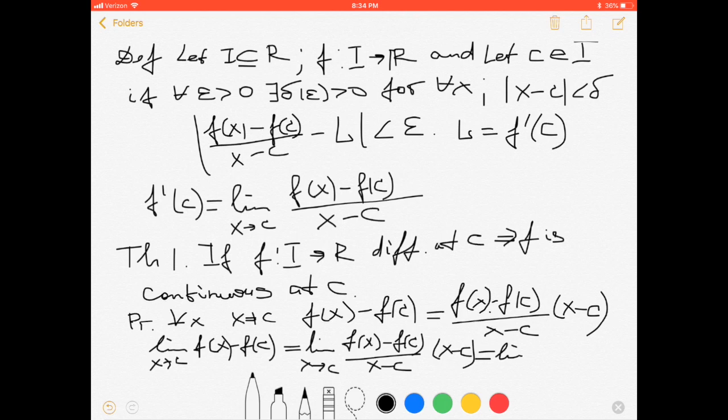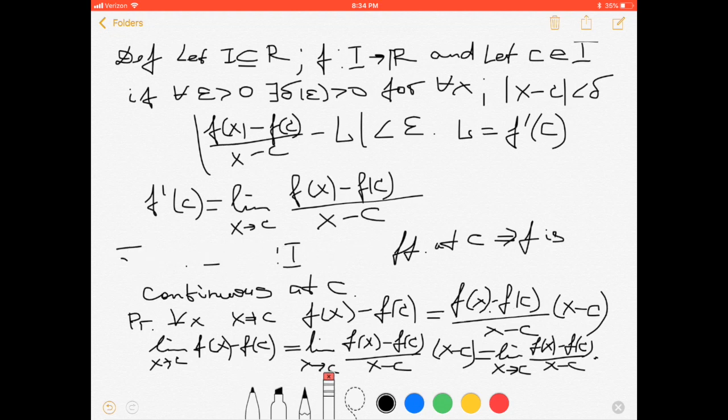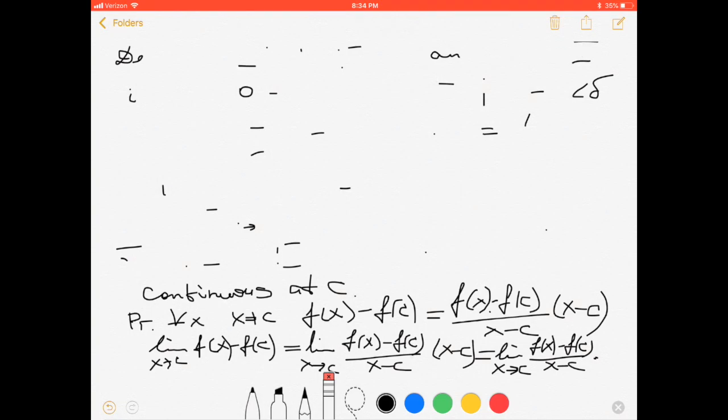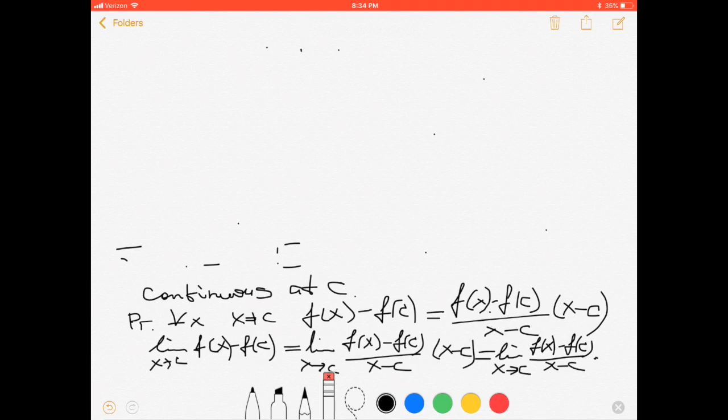it as the limit of (f(x) minus f(c)) over (x minus c) as x approaches c, times the limit of (x minus c) as x approaches c.